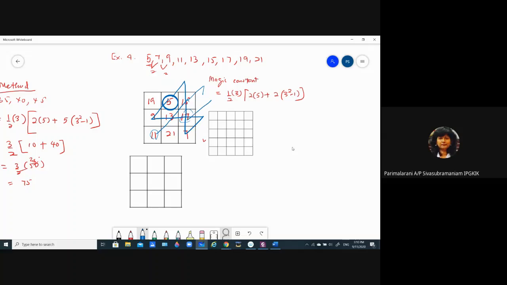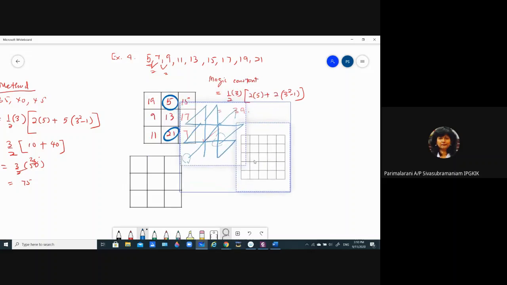Go up right to the end of the row, put the number, then go up right, nothing there, so come straight down.